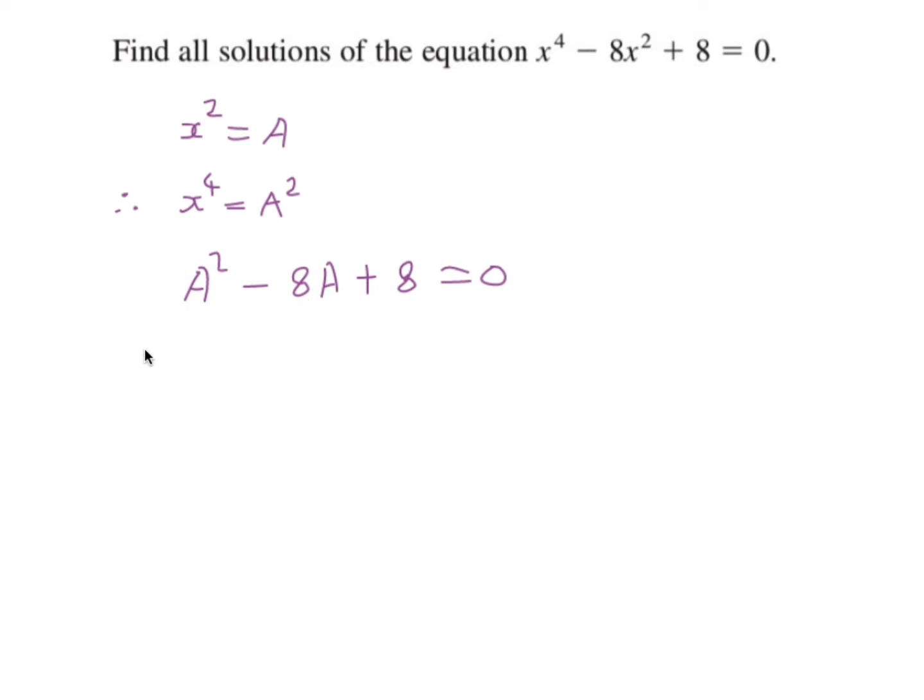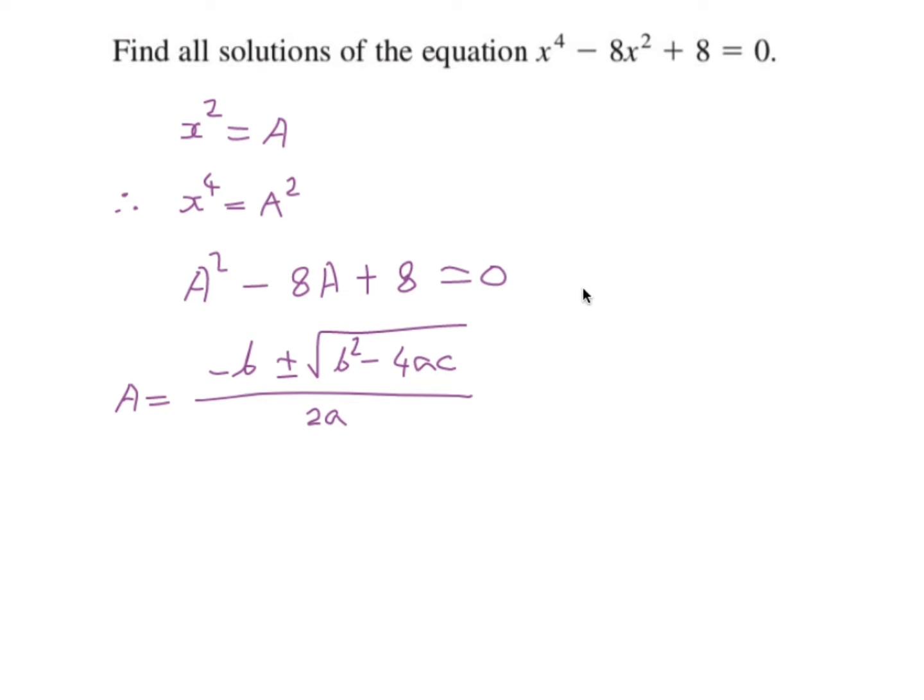Okay, so here we can apply the quadratic formula. We can write the formula: minus b plus minus square root of b square minus 4ac upon 2a.